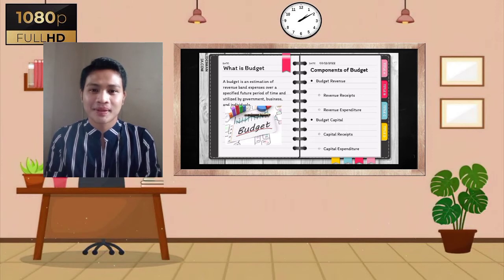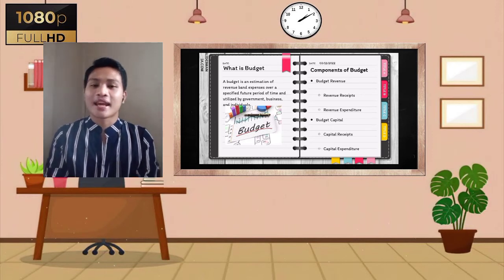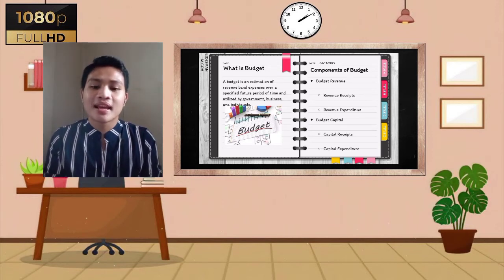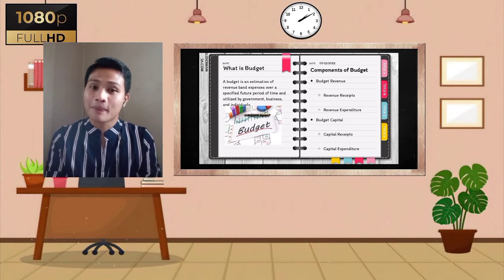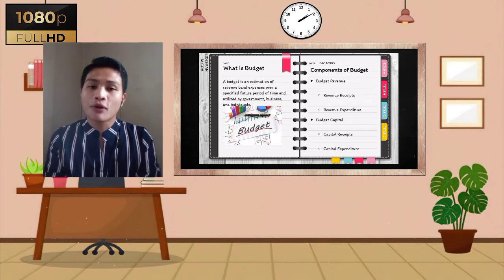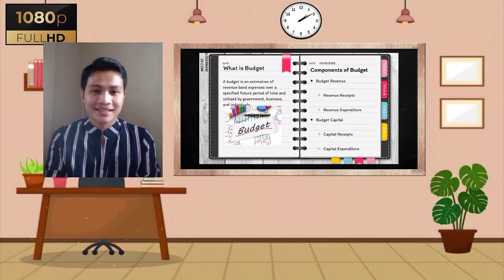Yes, correct. A budget is a document that itemizes anticipated income and expenses during a period of time and is often used for planning, as it helps you determine what you probably will earn, what you must spend, or what you will do with the money left over. That's budget.